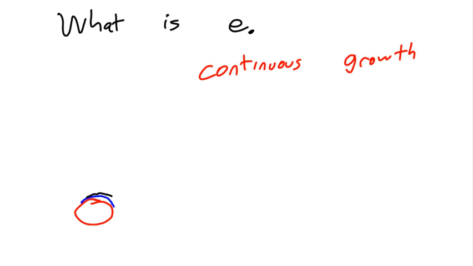So then you'd have more interest, and it kind of just piles onto itself because interest makes more interest, which changes how much interest you're getting. So for continuous growth, since it's a little bit more than doubling, that's why it's 2.7 whatever. That's why E comes about, and that's how E was found and calculated.